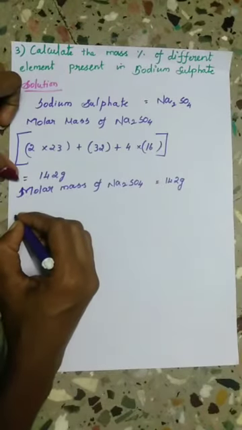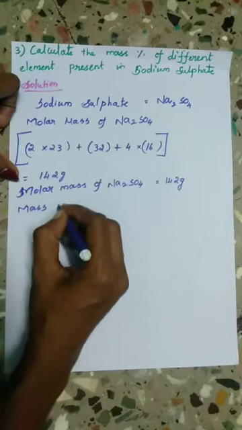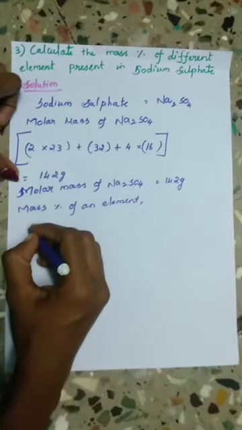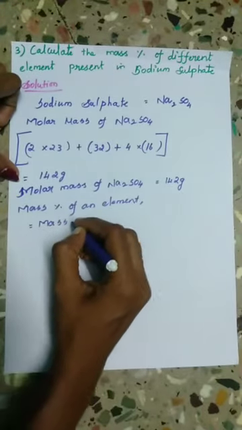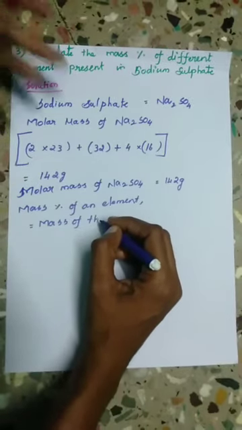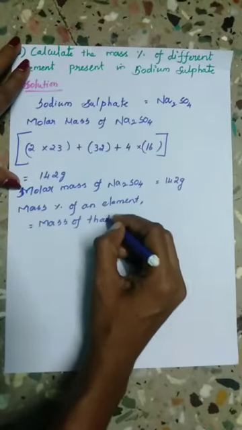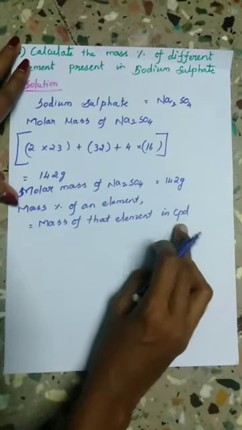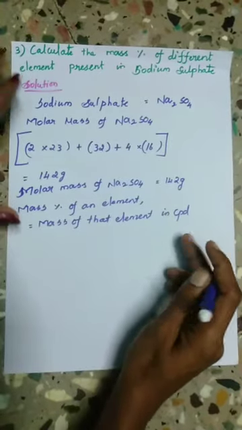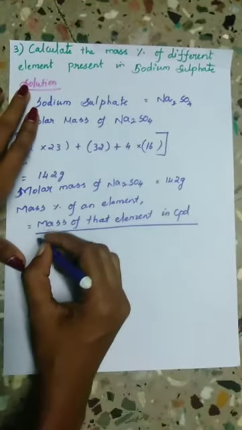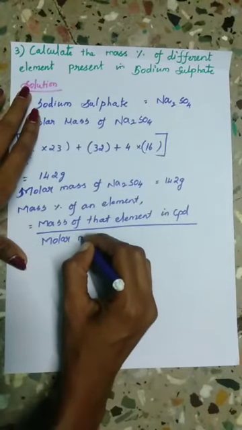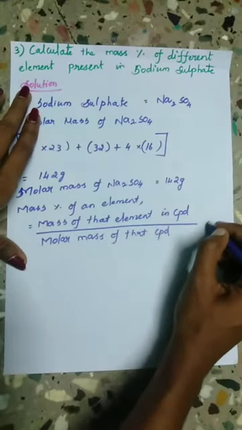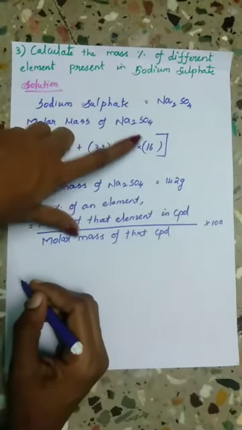So for the mass percent of an element there is a formula: the mass of that element in the compound, divided by the molar mass of the compound, multiplied by 100%.